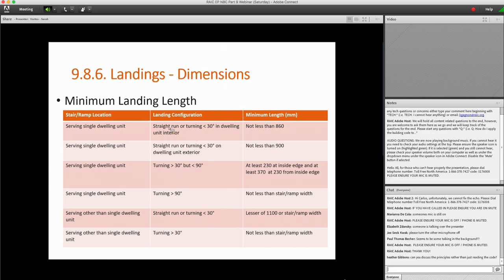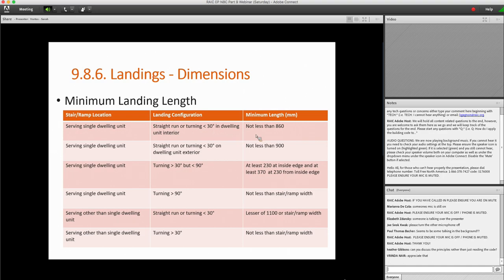So if you have a straight run of stairs or a straight run of a ramp, or turning less than 30 degrees in a dwelling unit interior, your minimum length is 860. Where you're on the exterior of a single dwelling unit, the minimum length is 900 millimeters.